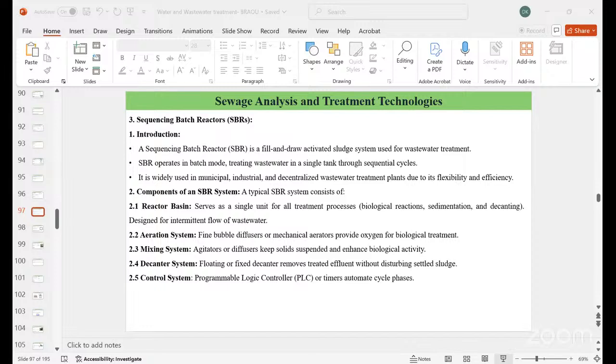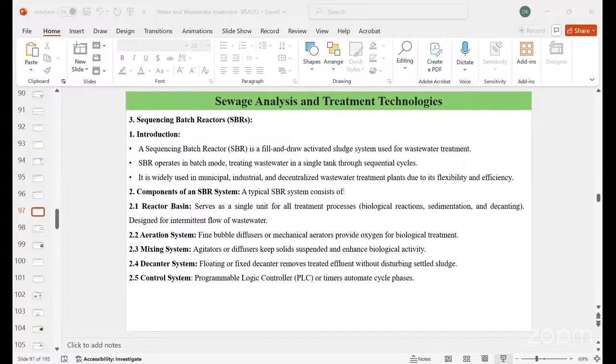And coming to the rotating biological contactors, these are a valuable technology in wastewater treatment, offering a unique approach for biological pollutant control. It mainly has a fixed film biological process, and it provides aerobic treatment. It involves disc rotation, biofilm development, aeration, and flowing and clarification.